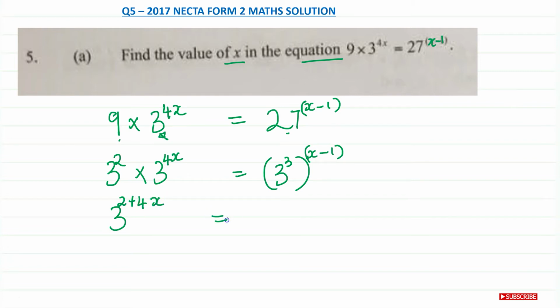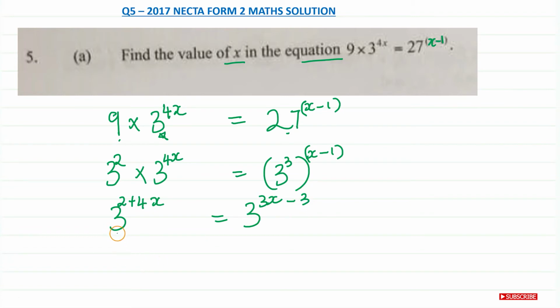And this is going to be equal to, again, what do we do with brackets? Here we have powers and brackets. Well, we multiply the powers. So here you will have 3, and then 3 times x is 3x. And then 3 times negative 1, that's going to give you negative 3.